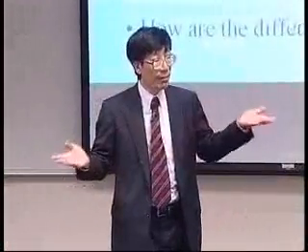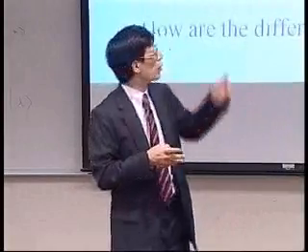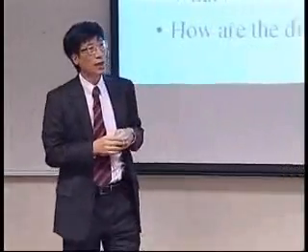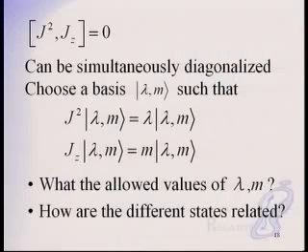Because it's diagonalized, M are the eigenvalues. So combining these two statements, that means that all the states have simultaneous eigenvalues, lambda and M. Okay? So a state will be labeled by lambda M, where lambda is the eigenvalue of J square and M is the eigenvalue of JZ.